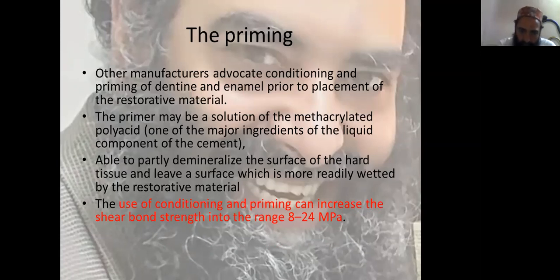Thus, use of conditioning and priming can increase the shear bond strength into the range of 8 to 24 megapascals. Priming is also described in detail in the chapter on adhesion, adhesives and adhesion.